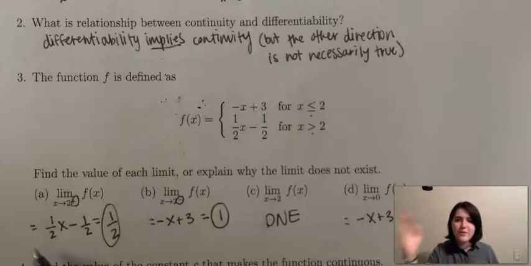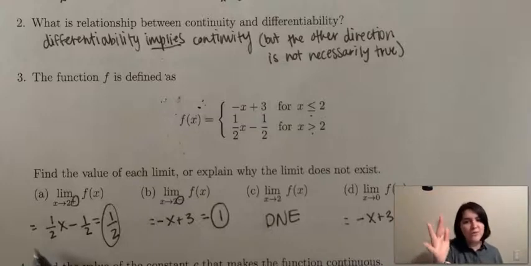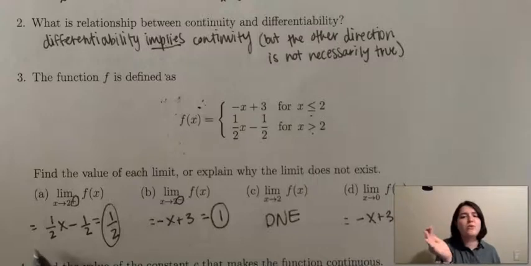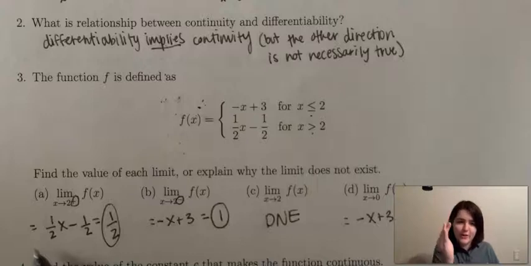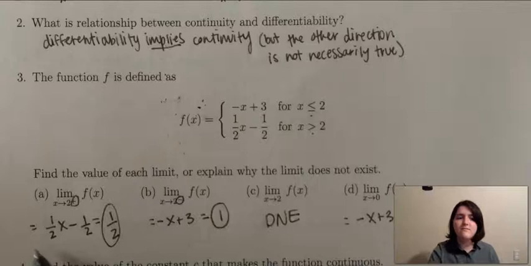So 3.5, 3, 2.5, 2.1, 2.01, 2.0001. So we're getting closer and closer and closer to 2. So that's what approaching means. And same thing from the left side. So from the left side, it would be less than 2. So it would be like 1, 1.5, 1.9, 1.99999. So approaching closer and closer to that split point.